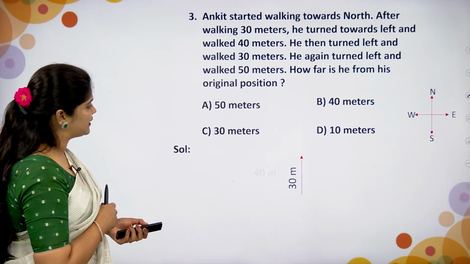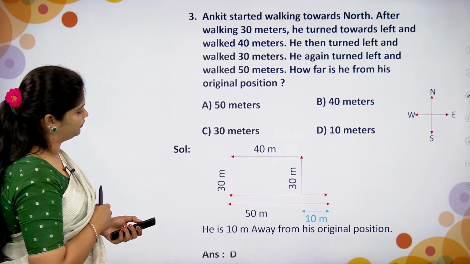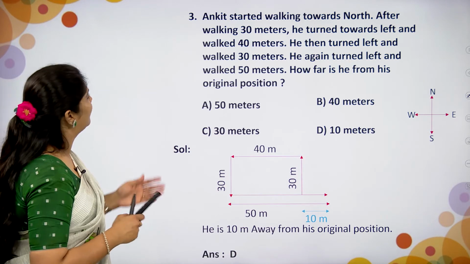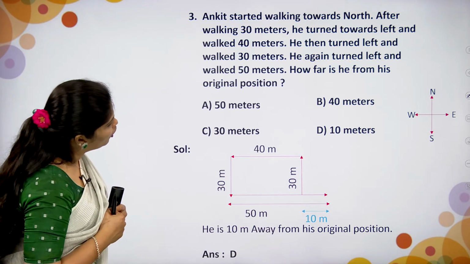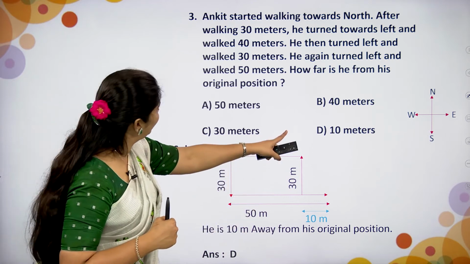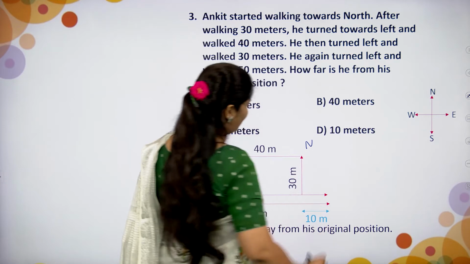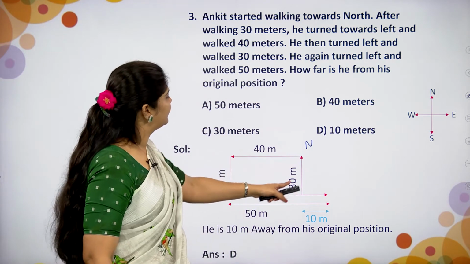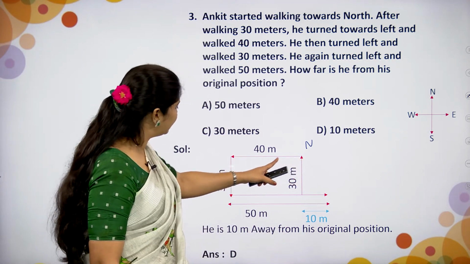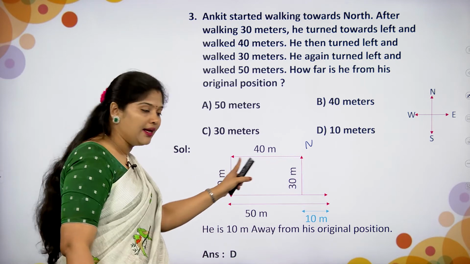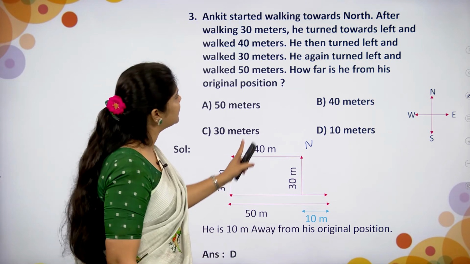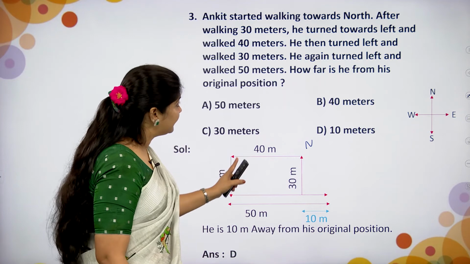Now, what is the chart? See children. First, Ankit starts walking towards north. This is the north direction children. Towards north 30 meters and he turned towards left. Again he turns left side. That is 40 meters.